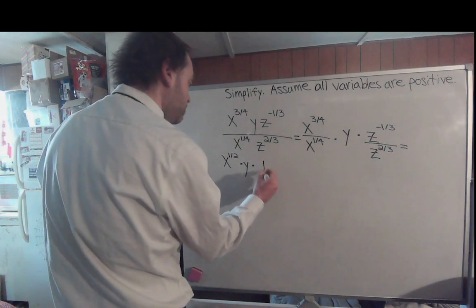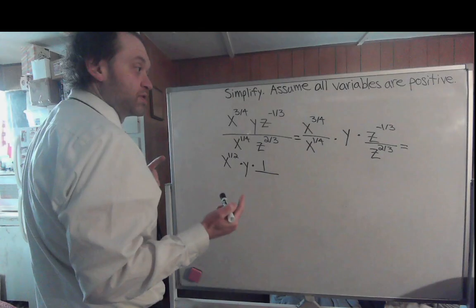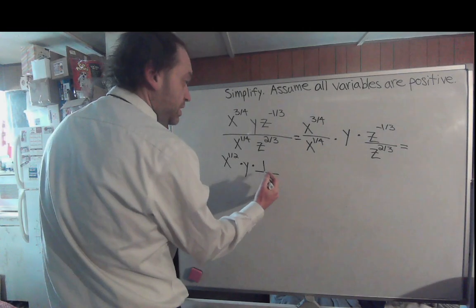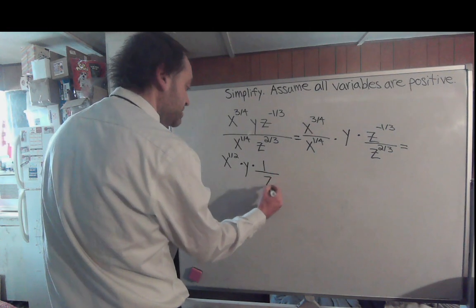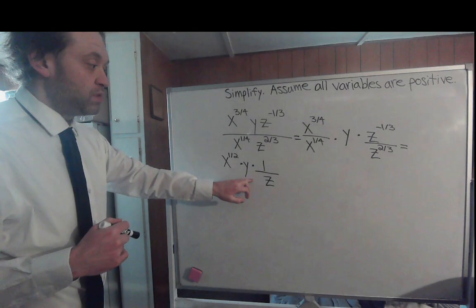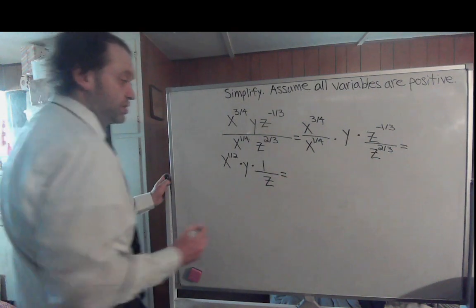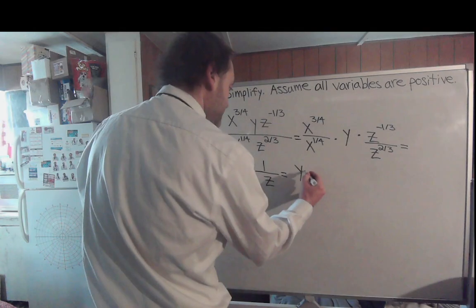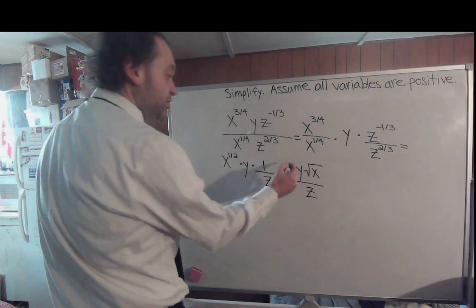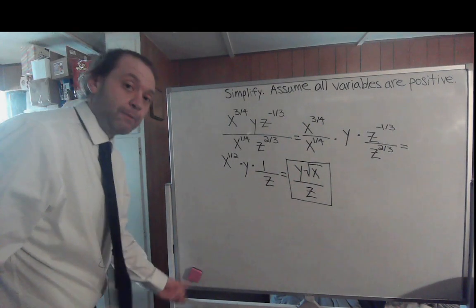So this would turn into 1 over z, since 2/3 minus negative 1/3 is 2/3 plus 1/3, or just 1. So you have x to the 1/2 times y times 1 over z. Well, this will simplify into y times the square root of x all over z. That's how that would simplify.